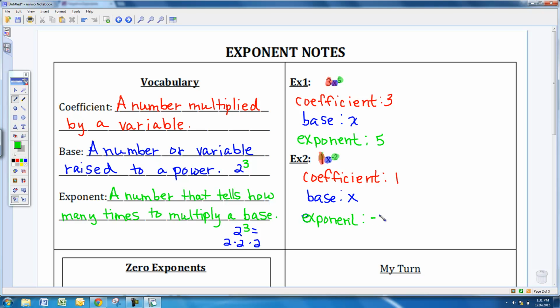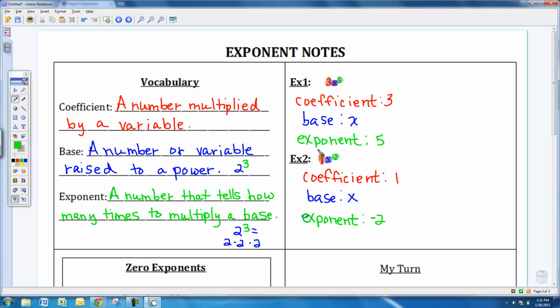So let's talk about what a negative exponent means. We already said that an exponent is a number that tells how many times to multiply a base. A negative exponent is going to tell us how many times to divide a base, or to divide by a base.